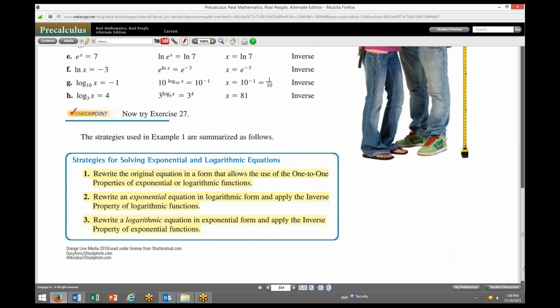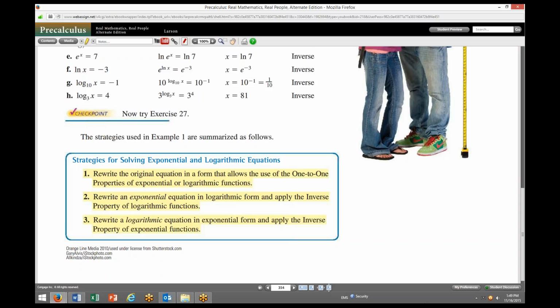So as they share in this box here, do whatever algebra you need to do in part 1 to rewrite the original equation in a form that will allow the use of a one-to-one property if it's a really simple equation that you don't have to transform into its corresponding form. Those are nice, like the first 3 or 4 we did.